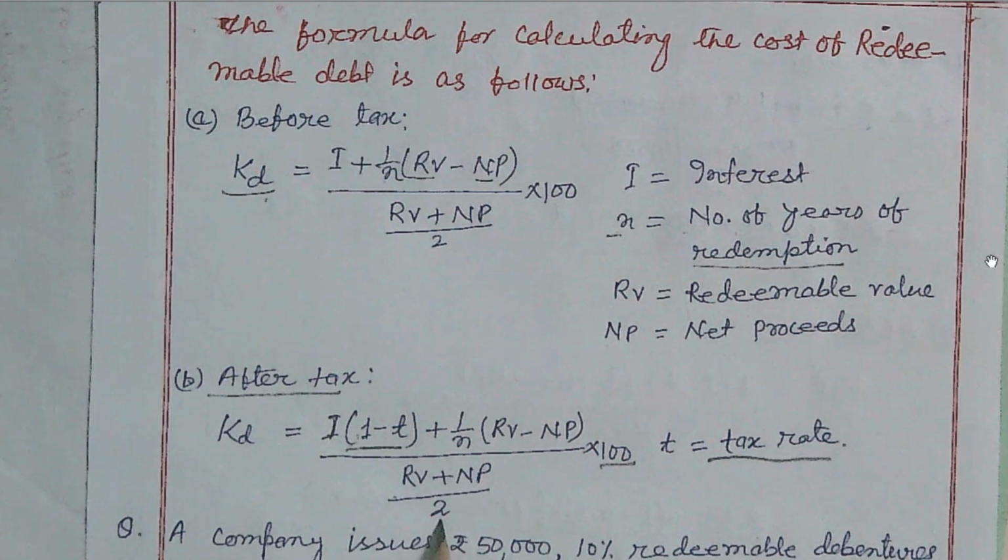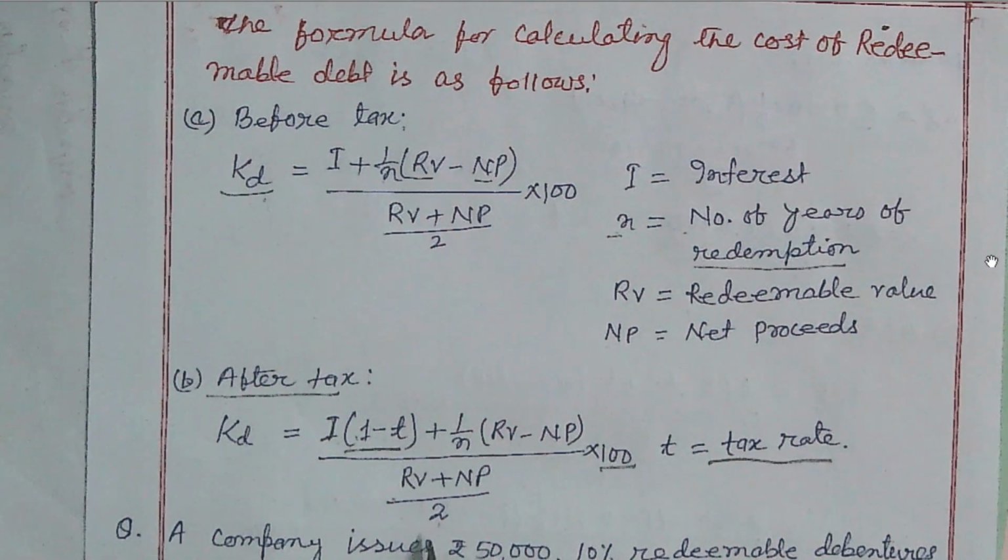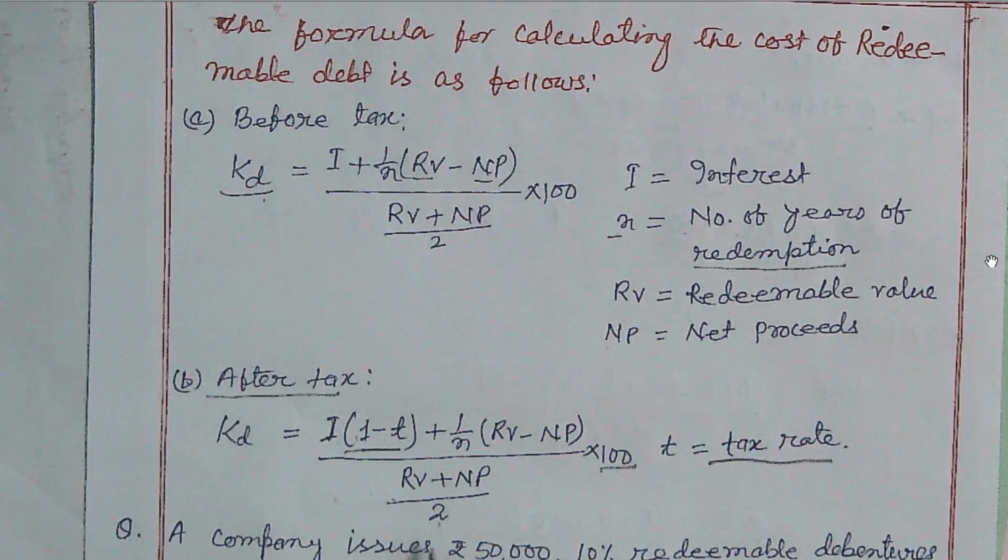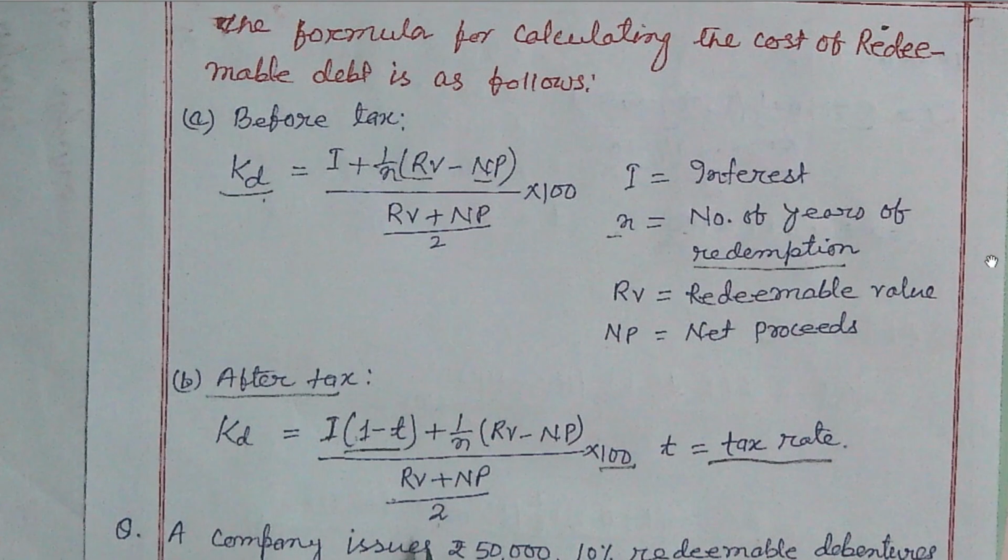Net proceeds is the amount received by a firm at the time of issue of debentures. So when a company or firm issues debentures, it has three options. It can be issued at par, it can be issued at a premium, and it can be issued at a discount.